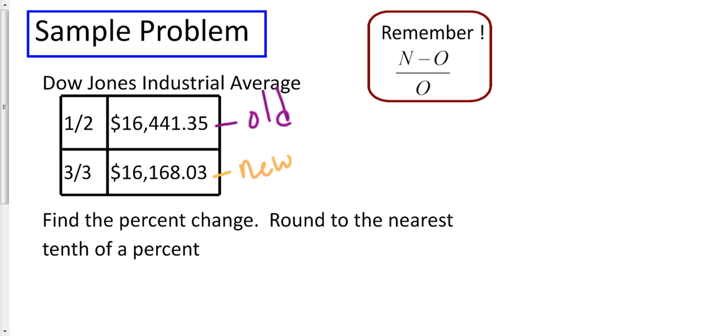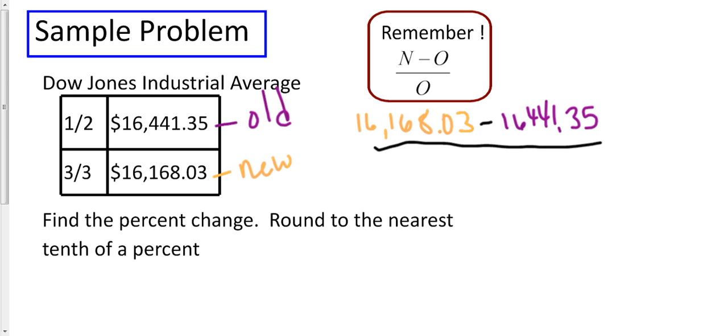So I'm going to take 16,168.03, and I am going to subtract $16,441.35. And all of this difference here is going to be divided by $16,441.35.